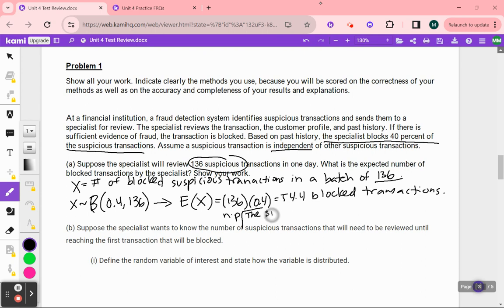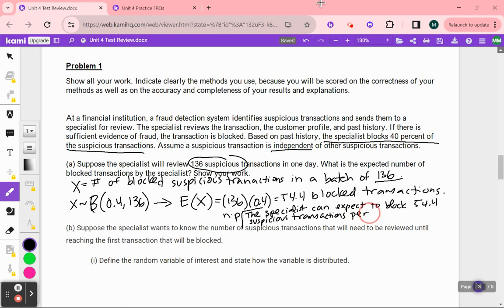The specialist can expect to block 54.4 suspicious transactions per day.